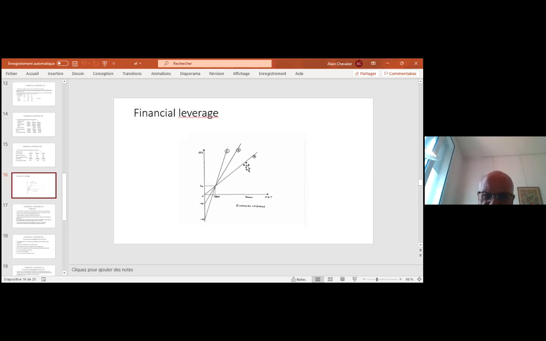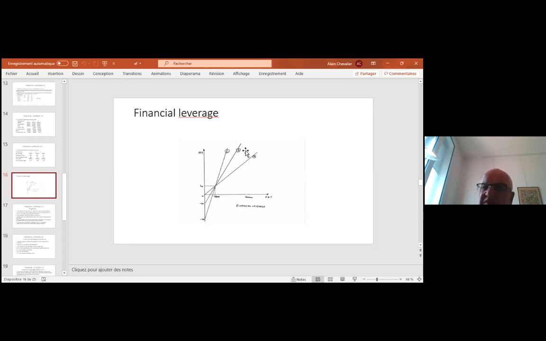And that, of course, when we move to the right, it means when we increase the EBIT, the earning per share of B, with the 50% debt structure, increases at a higher speed, quicker than with the A case, it means with 100% equity.